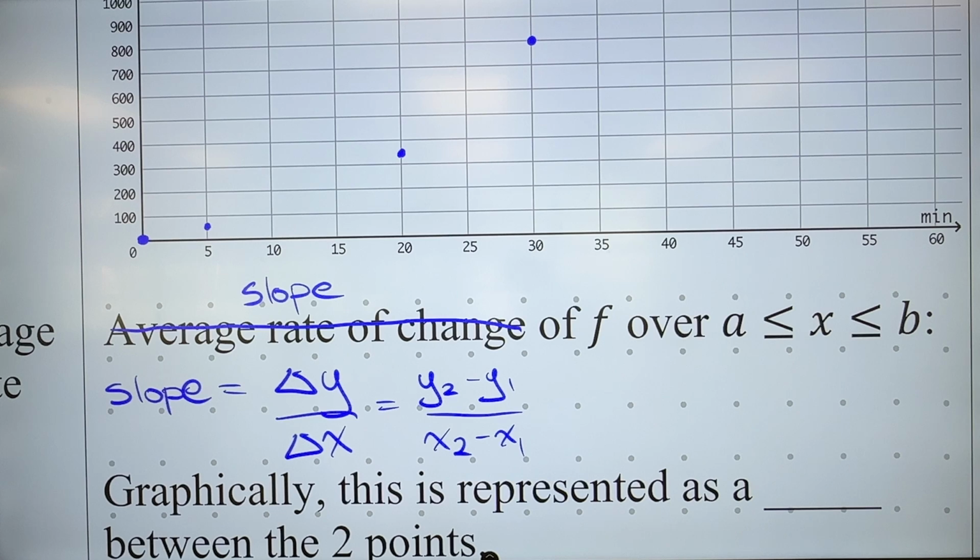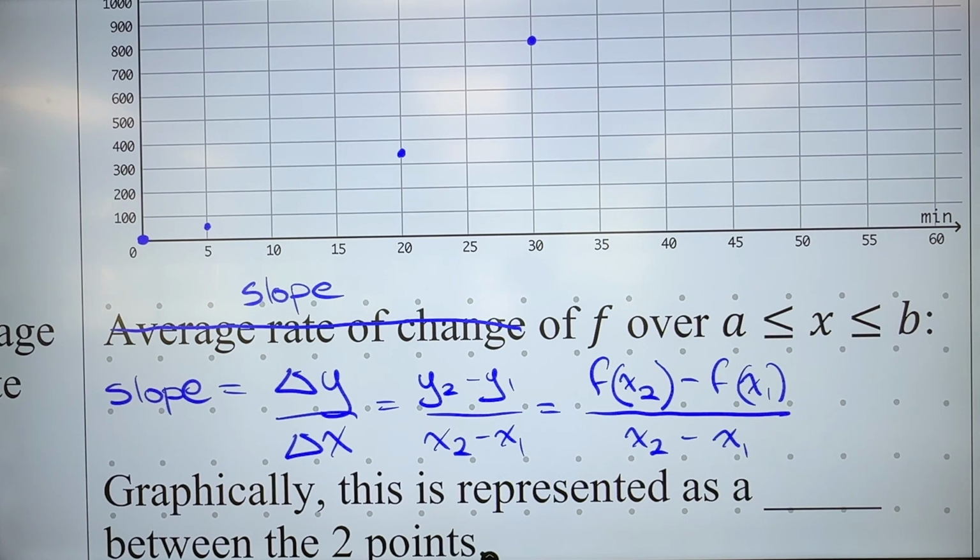If my function is f, then it's f of x2 minus f of x1 all over x2 minus x1.